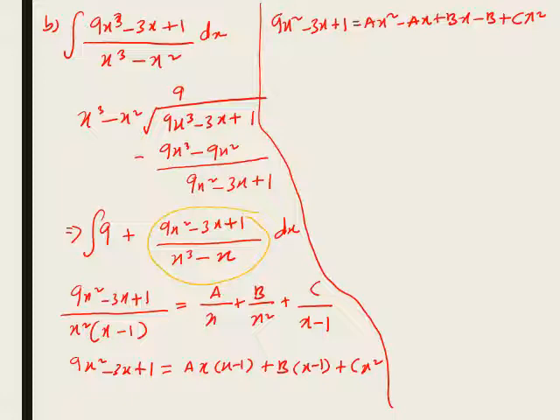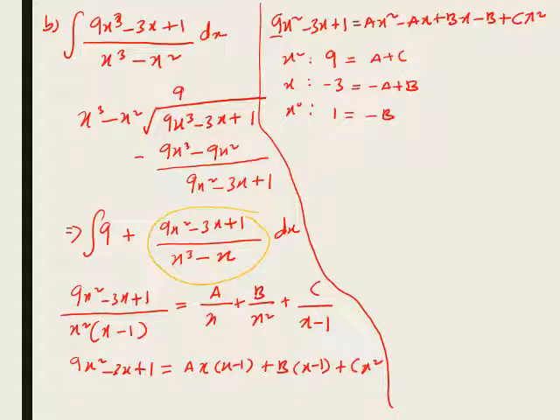Okay, so now we collect terms, then we compare x squared, x and x power 0. So for x squared, 9 is equal to A plus C. For terms x, negative 3 is equal to negative A plus B. For terms without x, okay, 1 is equal to negative B only, right?